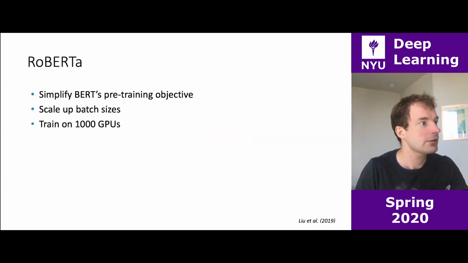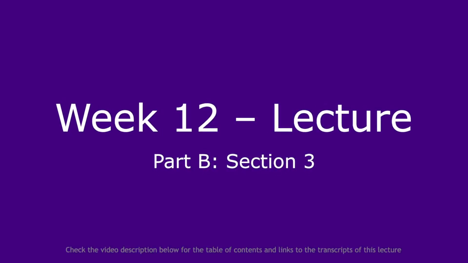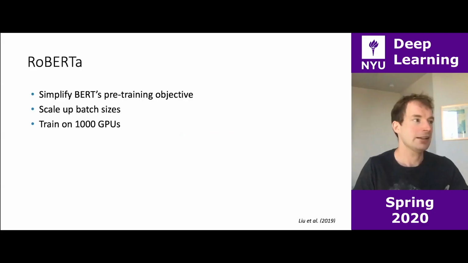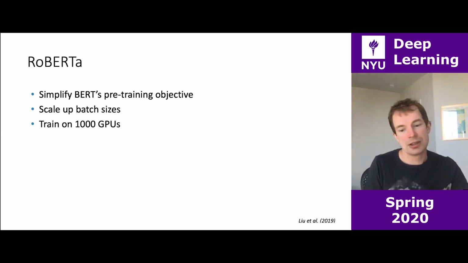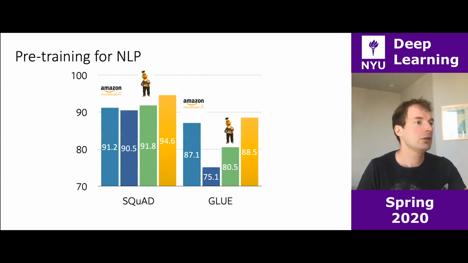It's very important. Okay. So to beat BERT, it turned out all you had to do was firstly simplify its training objective, then just scale it up. Scaling it up here means bigger batch sizes, huge numbers of GPUs, more pre-training text, and then you get very large gains on top of BERT.